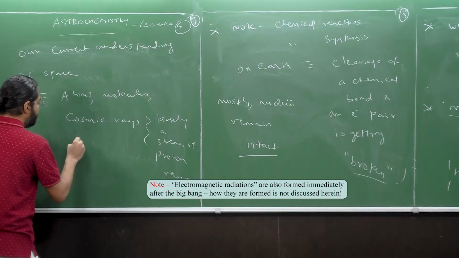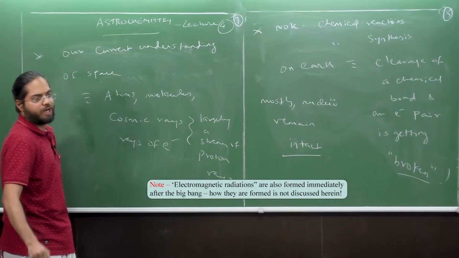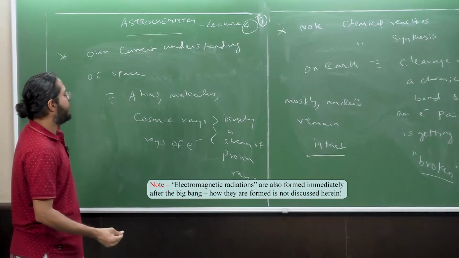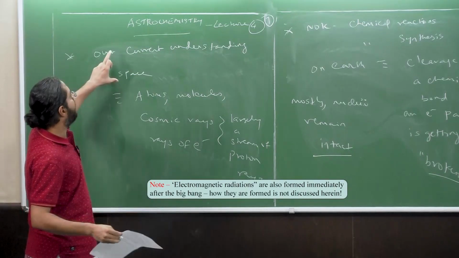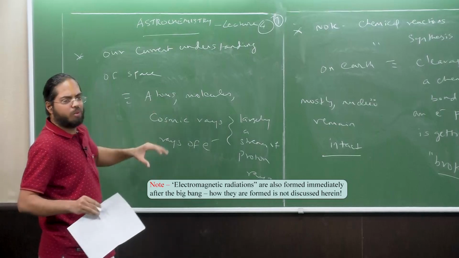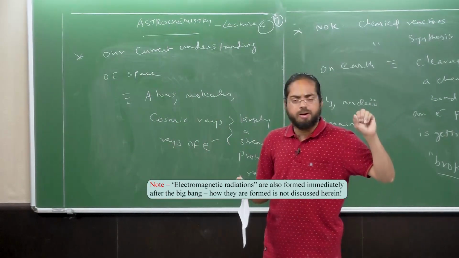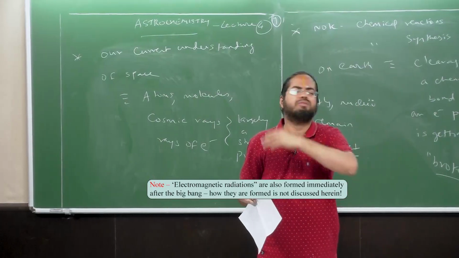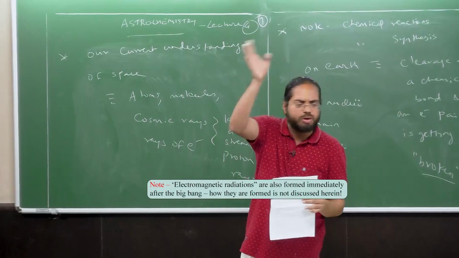And we also have rays of electrons. Okay, are we clear with this? So space has some atoms, molecules, some cosmic rays, which are predominantly a stream of proton rays, and we also have some electrons hanging out here and there.